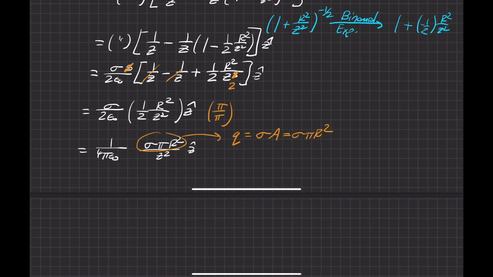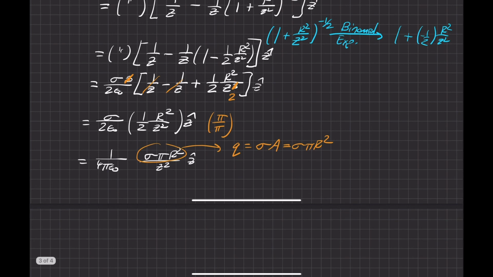So what we have left is the expression for a point charge with some charge q, which is the charge on our disk, pointing in the Z hat direction, which is exactly what we thought would happen. At some point between going off to infinity, where this looks like 0, this is eventually going to look like a point charge if we move far enough away, but close enough that we still want a value close to 0, and that's where our binomial expansion came in. And technically, this is where we made the approximation.